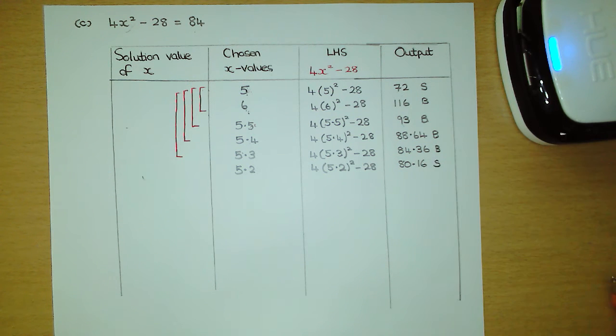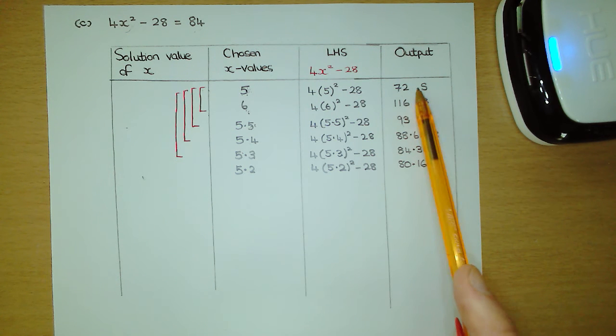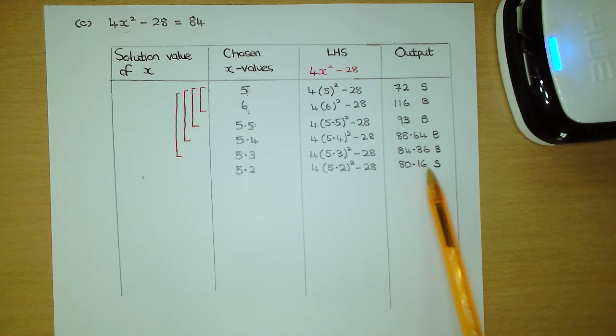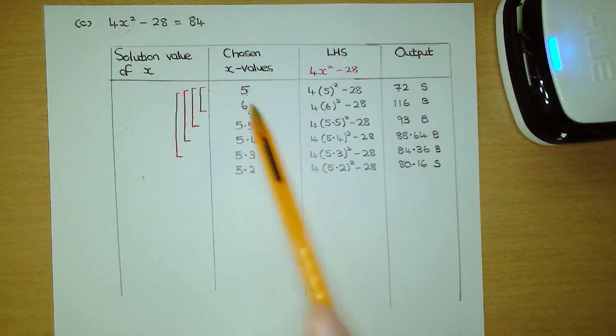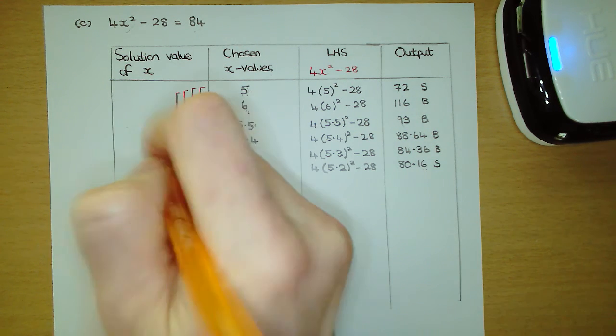So again, we recalculate the gap. So the gap used to be between 5 and 5.3. When we chucked in 5, the output was small, but now when we chuck in 5.2, the output is small. So the gap is no longer between 5 and 5.3, it's now between 5.2 and 5.3.